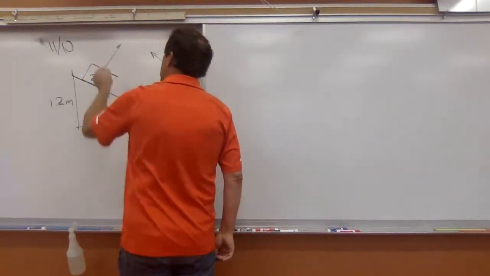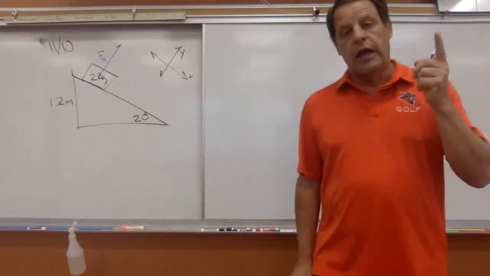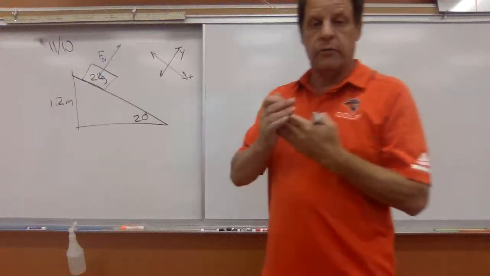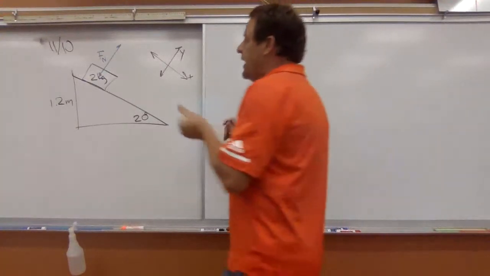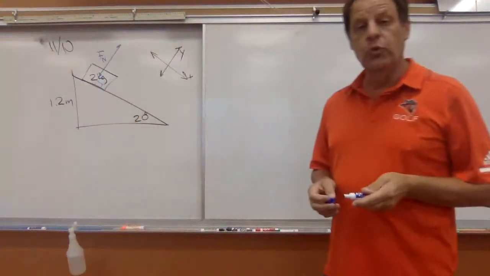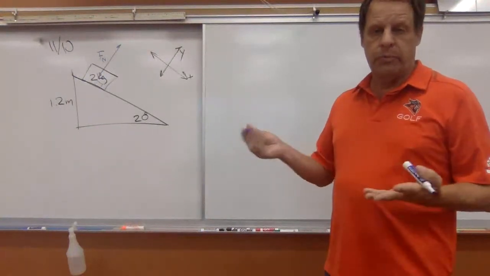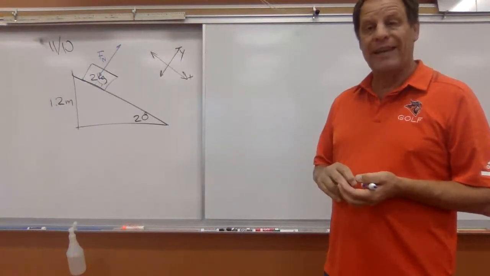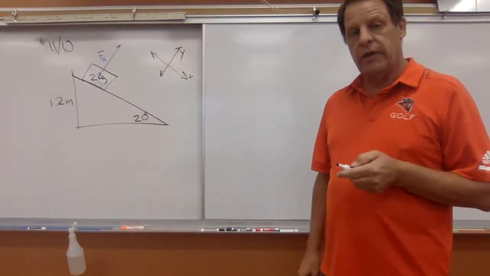So we're going to have a force, and the force caused by a surface pushing on an object is called the normal force, and it is always going to be normal, or 90 degrees, to that surface. We don't have an applied force, which would be, for example, something else that touches it, like we'll see in the next question of the day.